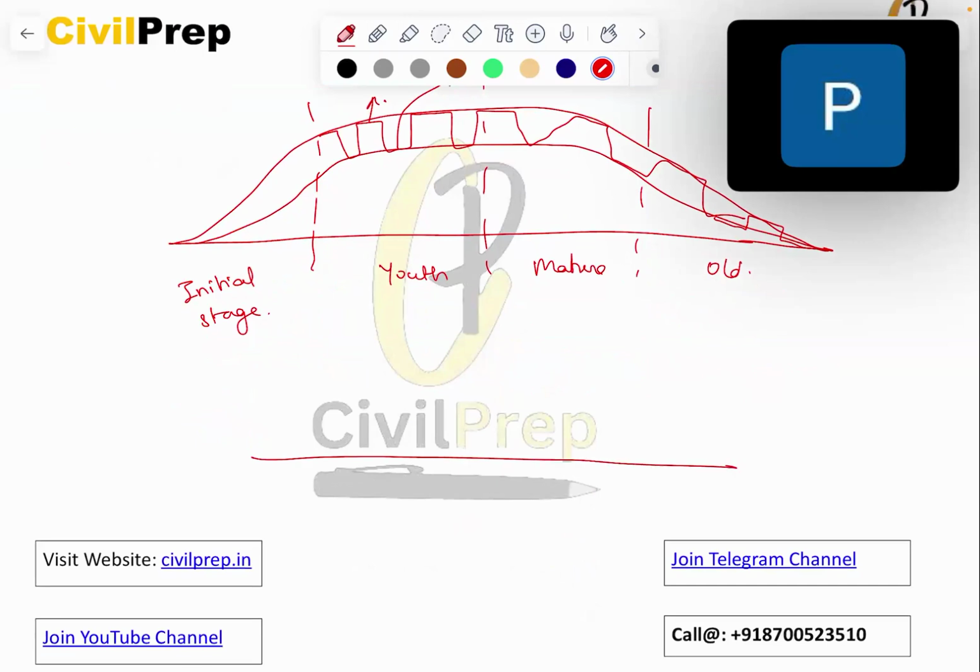The slope is declining almost in a parallel manner. So this is slope 1, slope 2, slope 3, slope 4. Okay, this is mesa and this is pediplain.